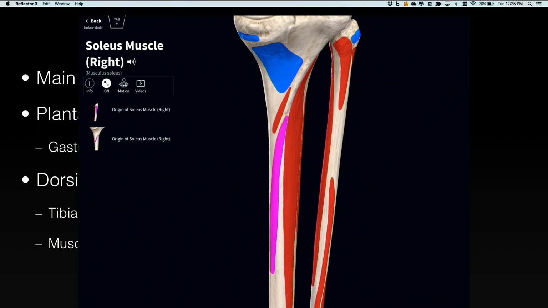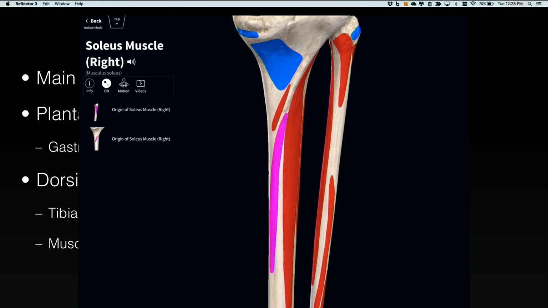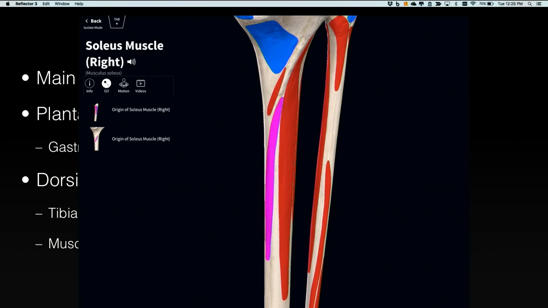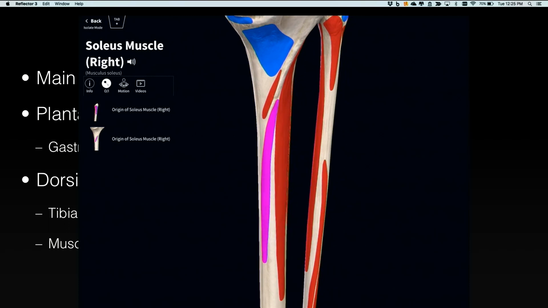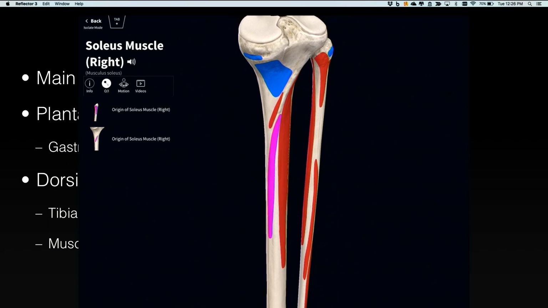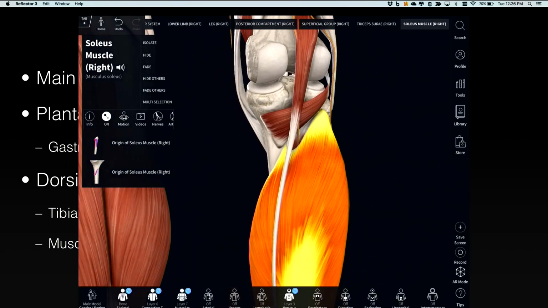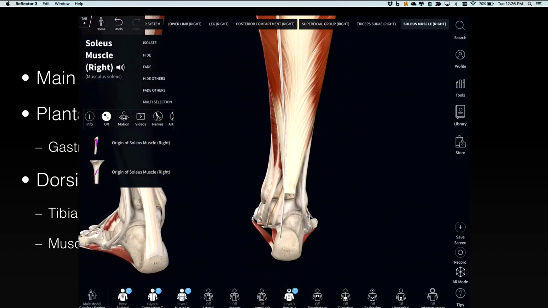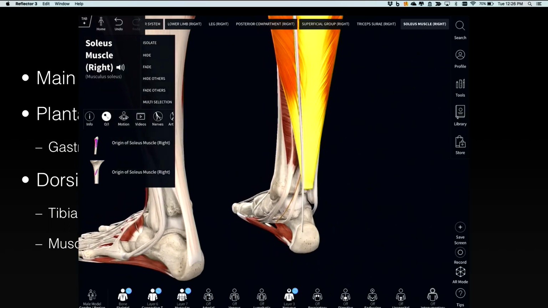Soleus originating from the soleal line. And I only bring this up because it's also important for the flexor digitorum longus coming up shortly. So pretty wide origin, which is good.